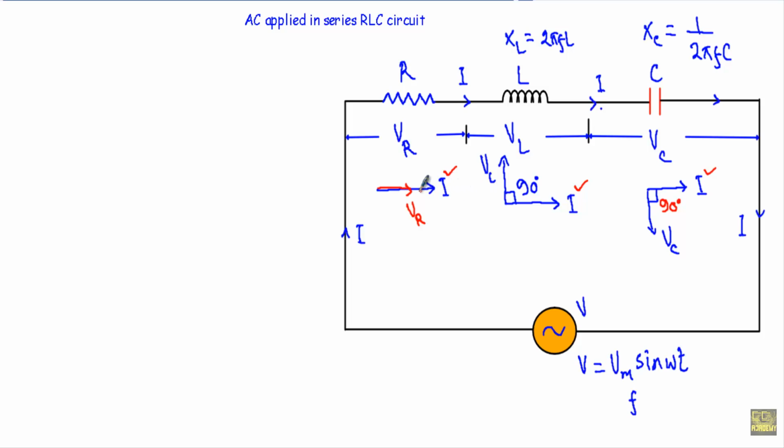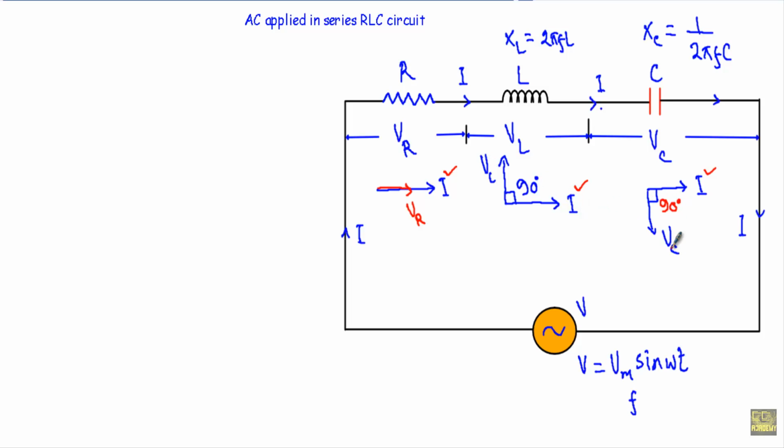In all the three cases, VR and I will maintain a phase difference of 0. They are in phase. Therefore this VR will maintain a 90 degree angle with this VL and with this VC, because they are creating a 90 degree angle with respect to the reference axis. Now see, VL is going in this direction with respect to the current I, and VC is going in this direction.